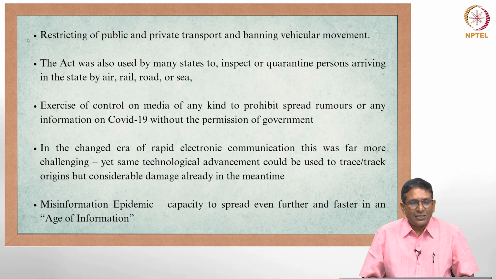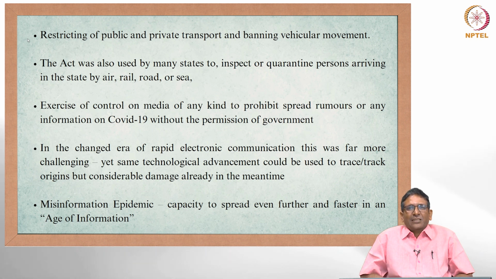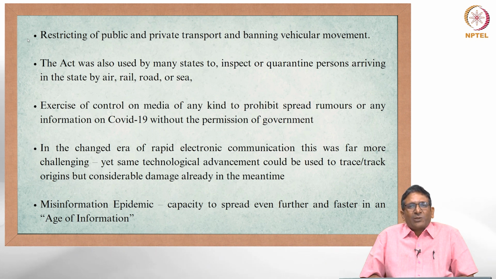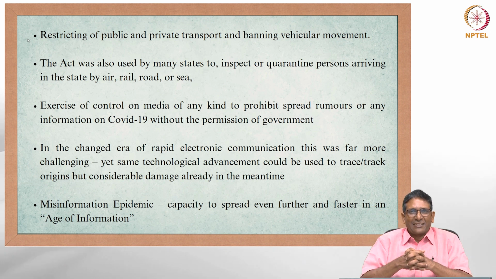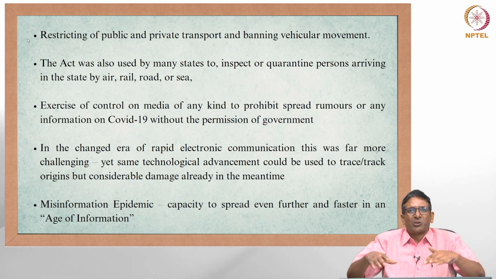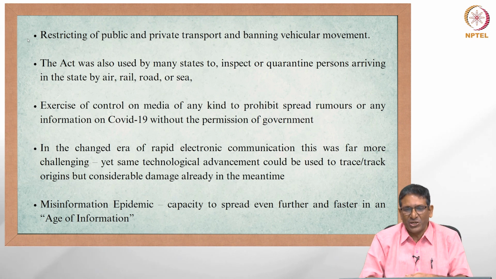And not only that, there was also provision to exercise control on the media, any kind of media, the print or visual or the more modern thing which was not there during those epidemics. The social media, which itself can be an epidemic, as we will see. So the state could exercise control on them again. All of this in the name of public health. As we have been saying throughout the course, in the name of public health, the state could extend its long arm in the name of the urgency, the exigency of the situation.